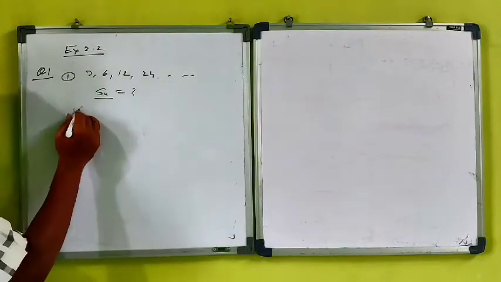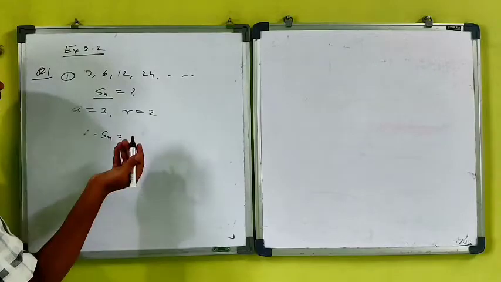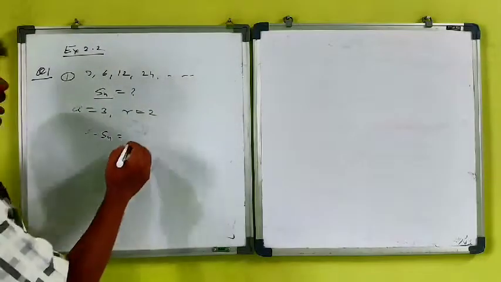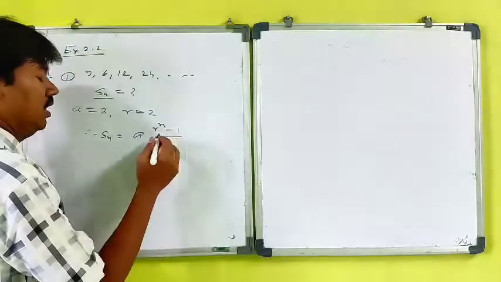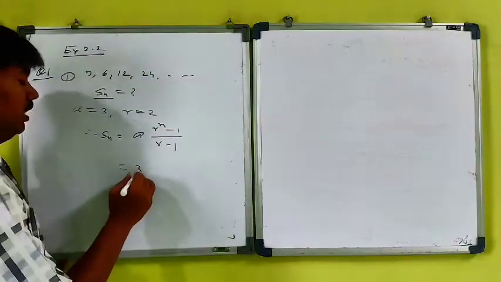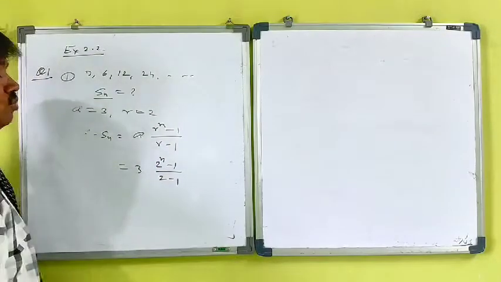So here the first term A is 3 and R is 2. So Sn, when R is greater than 1, the Sn formula is A times R to the n minus 1 upon R minus 1. So we have to use that simple formula, 3, R the value 2. So it is 2 raised to n minus 1 upon 2 minus 1.